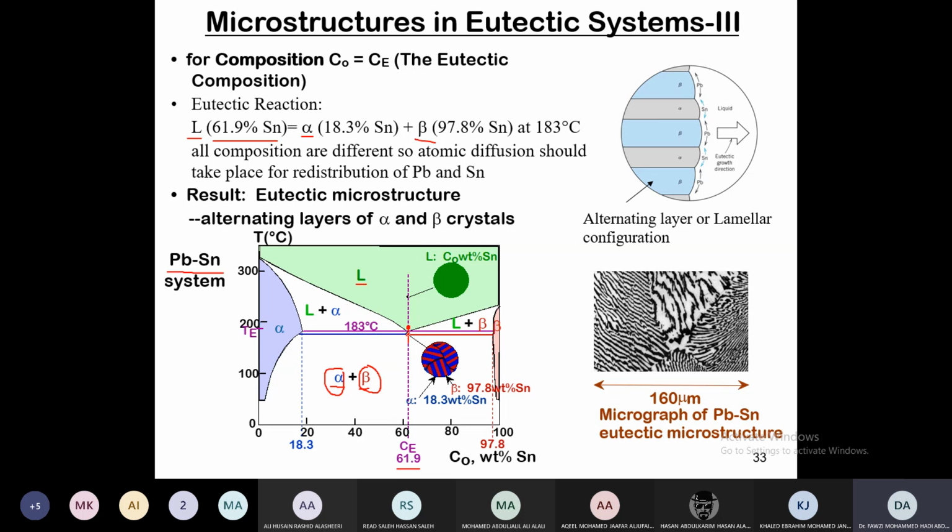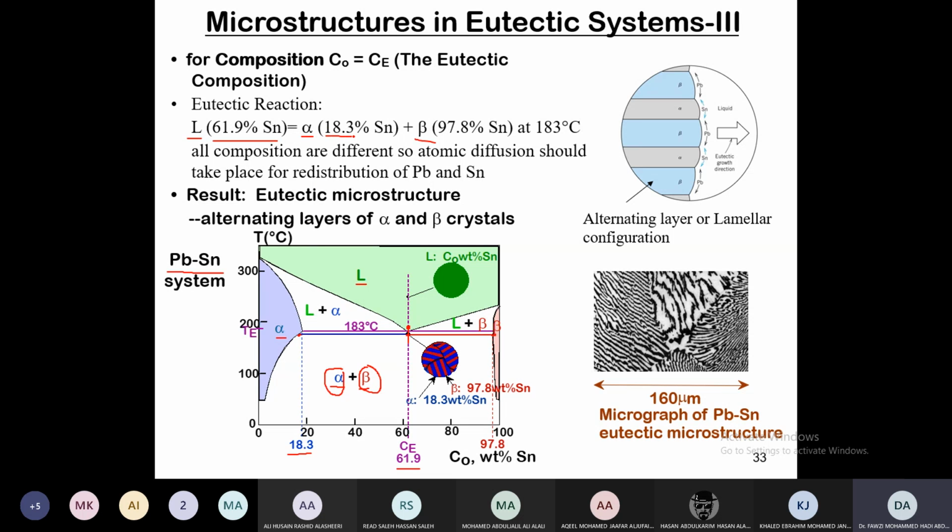Just below the eutectic isotherm, you draw a tie line, from here to there. It intersects here and it intersects there. If we draw a vertical from there, you get 18.3. That is the composition of the alpha.